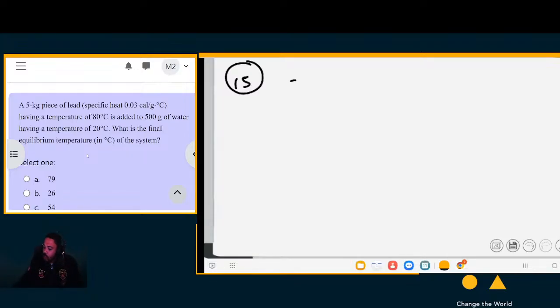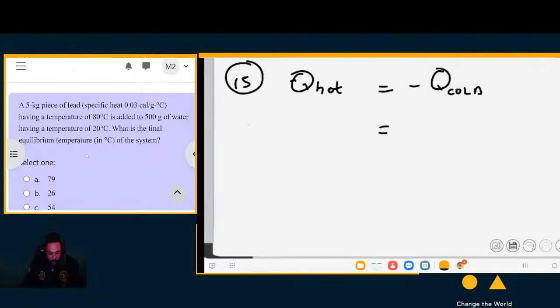We start with heat being lost by one substance and heat being gained by another. So you can just call this Q hot or Q cold. Let me write it both ways. This is the heat from the hot one, and this is the negative of the heat from the cold one. The reason for the negative is that one of them's final temperature will be lower than the initial temperature, therefore the negative.